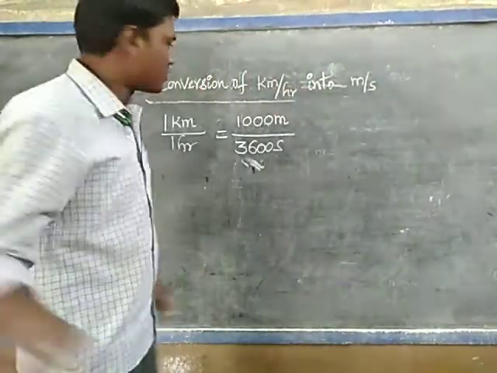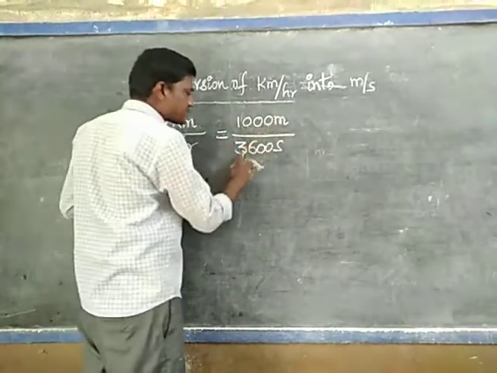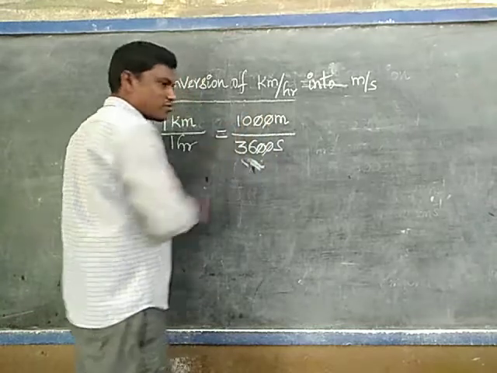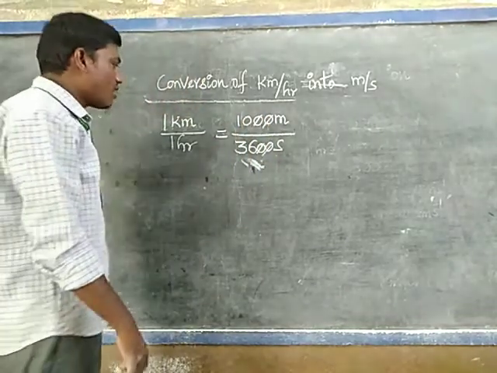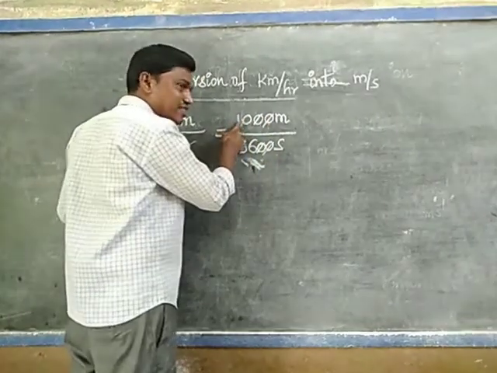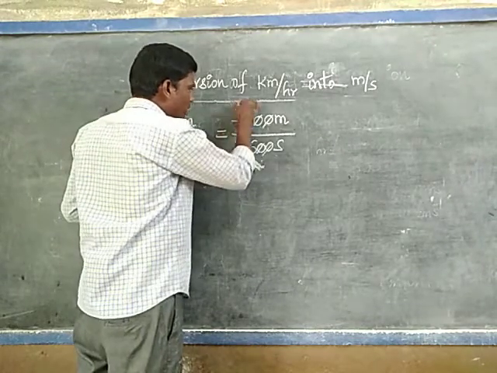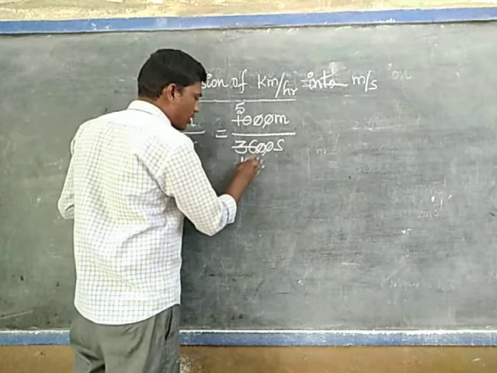Okay, let me come to that point. So 1000 meters by 3600. 2 zeros and 2 zeros get cancelled. What is the remaining one? 10 in the numerator side, and in the denominator 36 is there. 2 5s are 10, 2 18s are 36.